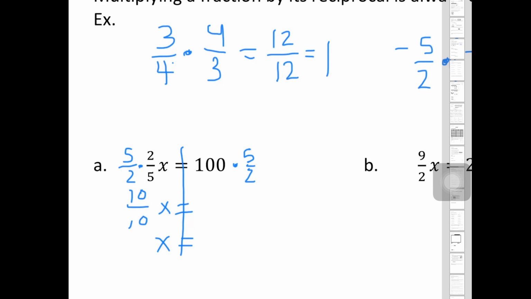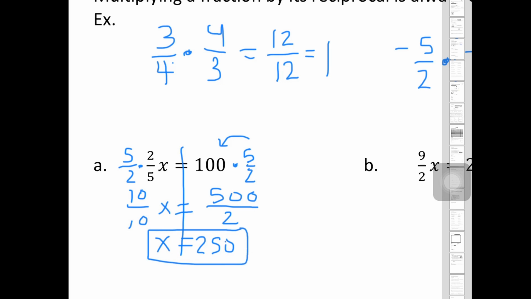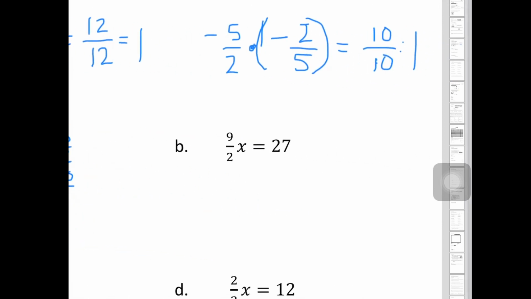On the other side, you end up with 5 times 100. What you can do is multiply these together. That's 500 divided by 2. And when you divide those two, you get 250 as your x value. Notice when you multiply fractions in a whole number, you could put a 1 underneath the whole number to make it into a fraction as well.